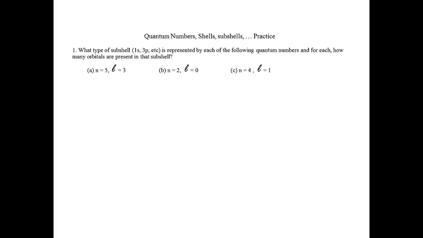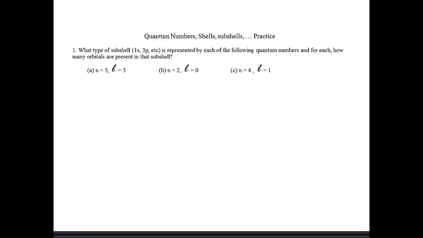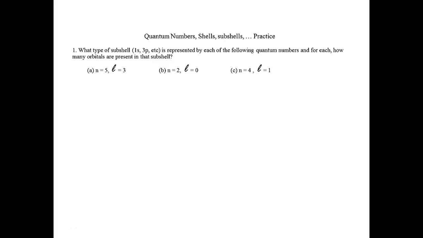So here are the practice problems. What type of subshell, 1s, 2s, 3p, etc., is represented by each of the following quantum numbers, and for each one, how many orbitals are present in that subshell. So let's use our examples here. We have n equal 5. That means it's in the 5th shell.